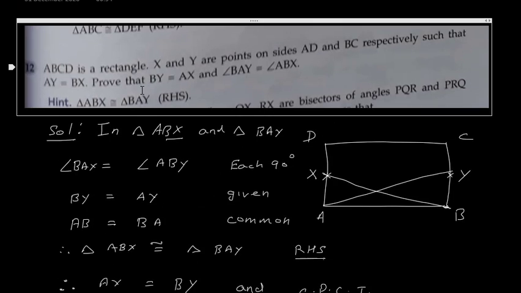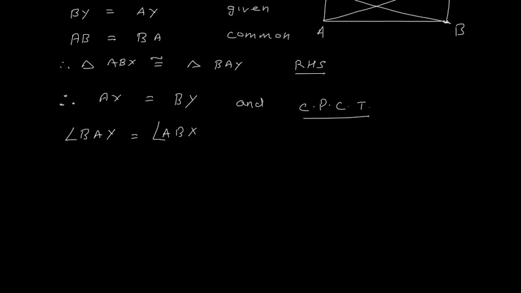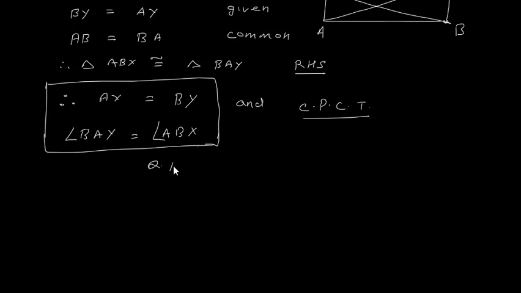And hence we have proved what is asked to prove. So we have proved AX is equal to BY and angle BAY is equal to angle ABX. So that is QED. Next question.